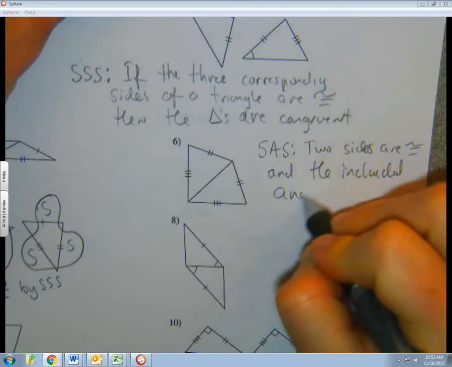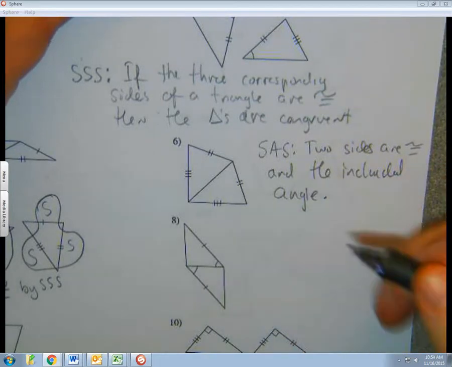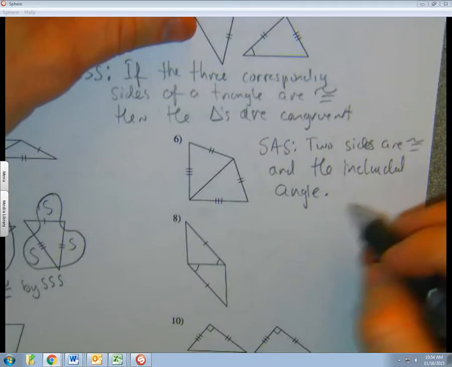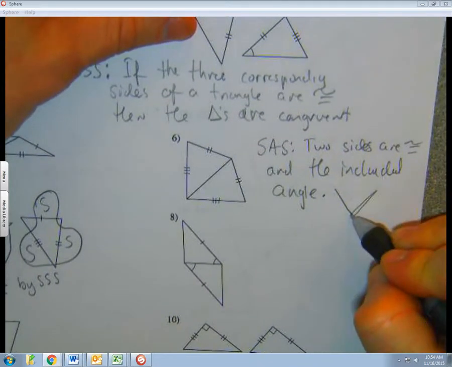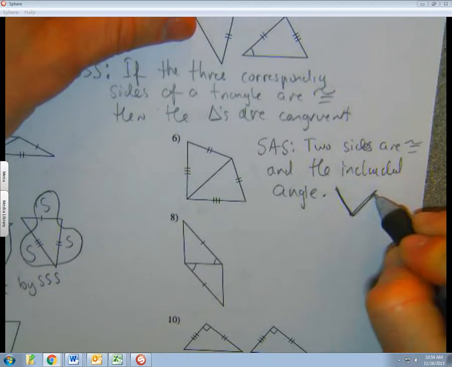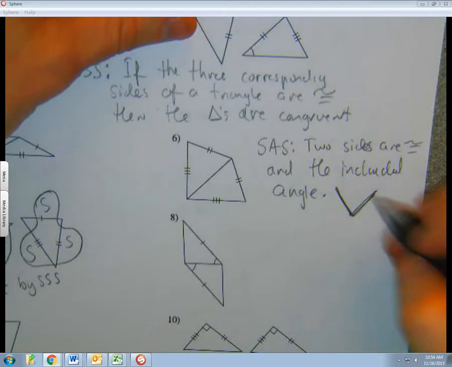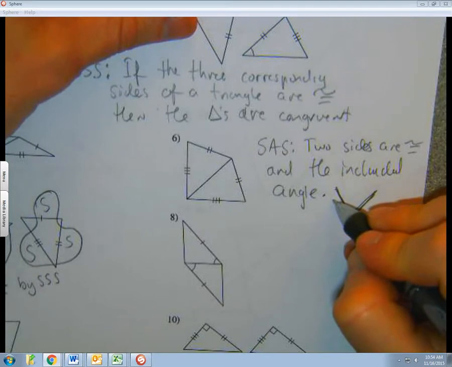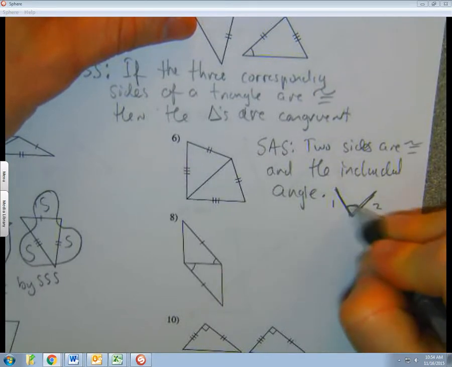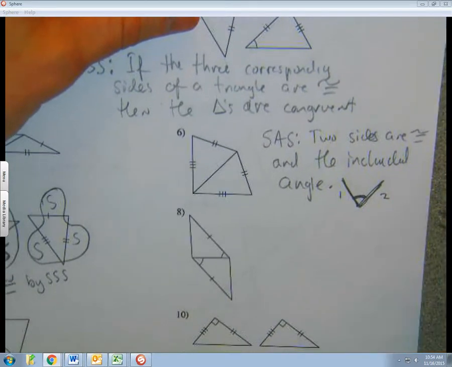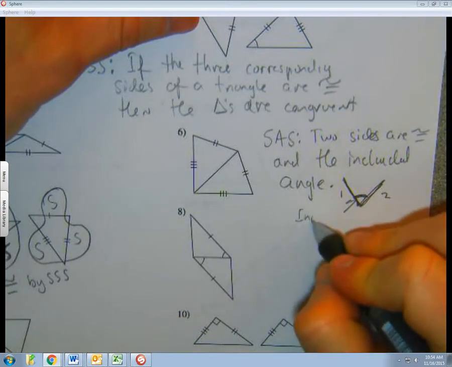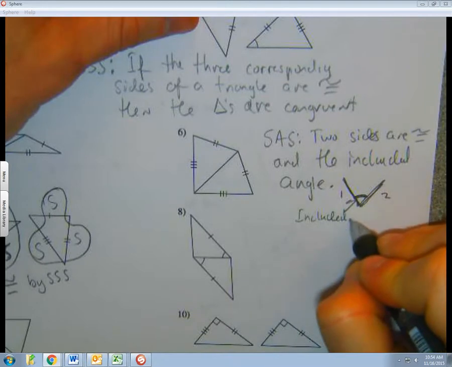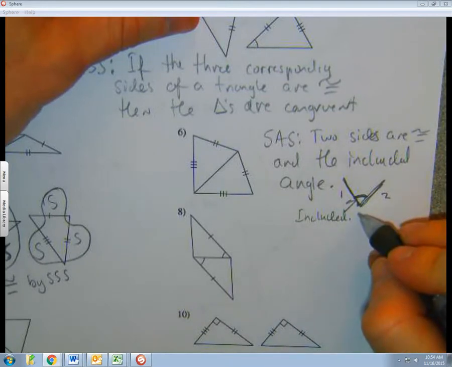We talked about included last chapter or last week. Like if this is side 1 and this is side 2, this is the included angle. We talked about batteries not included, so it's in the box.